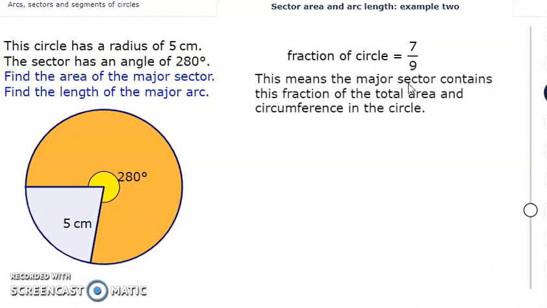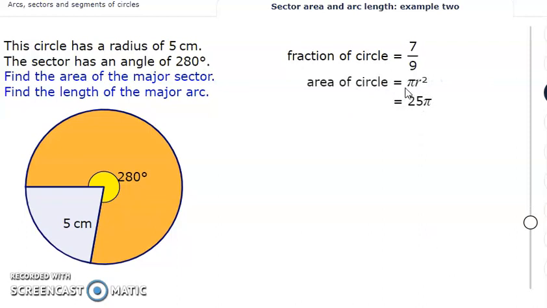This means the major sector contains this fraction of total area and the circumference of the circle. The area of circle will be pi r square.